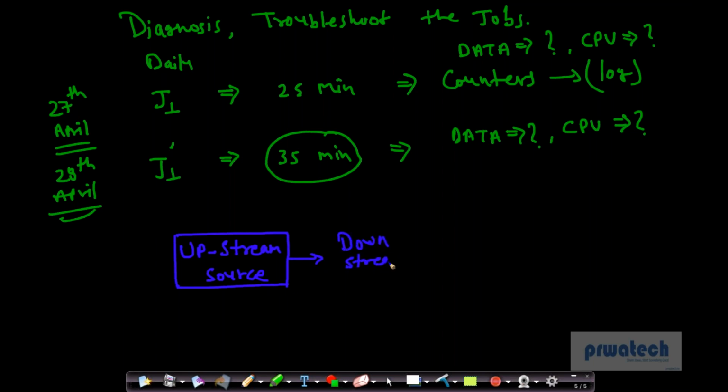Just bear with me. Okay. So upstream source is nothing but a web server, guys. Upstream source is a web server, and downstream source is your RDBMS, Relational Database Management System, Oracle, MySQL.